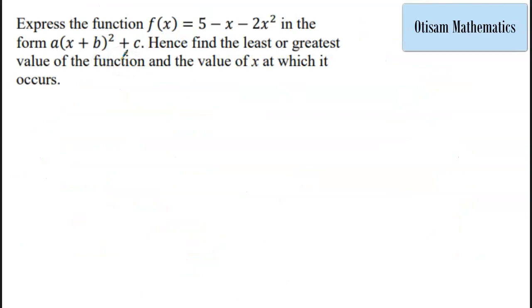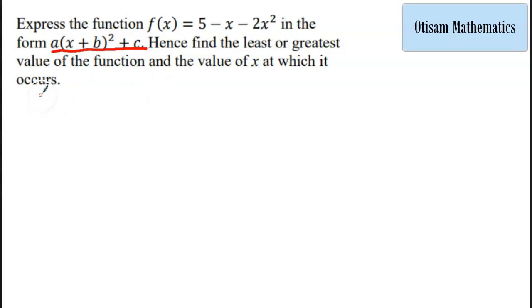Express the function f of x is equal to 5 minus x minus 2x squared in the form this. So be careful. This time you don't have any option. You have to complete the square. Hence find the least or the greatest value of the function and the value of x at which it occurs.